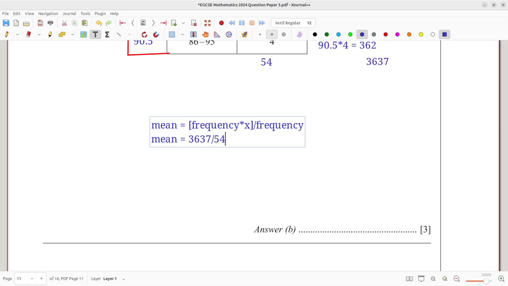And this is giving me 67.35185, and this is approximately 67.4. Let me write the answer here. 67.4.